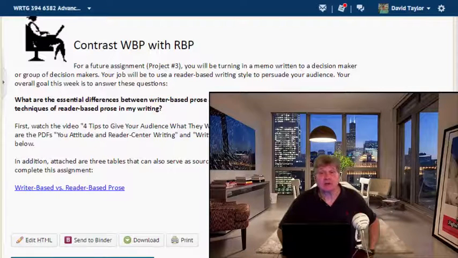That project number 3 is a memo to a decision maker or group of decision makers. And the purpose of that memo is persuasive. In other words, that memo number 3 is the setup for your final project.